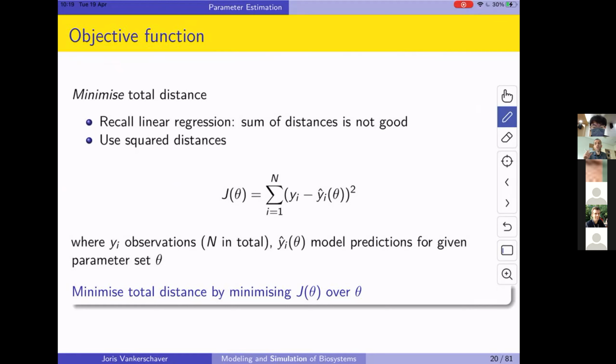You just want to know how far away the prediction is from the actual data point. You want that distance to be minimized, but you don't care whether it is positive or negative, whether it's under or above.